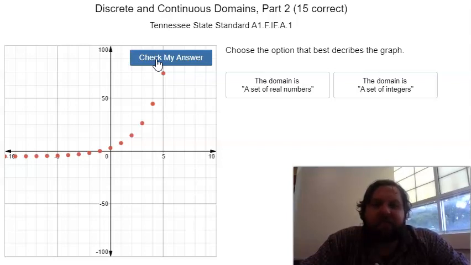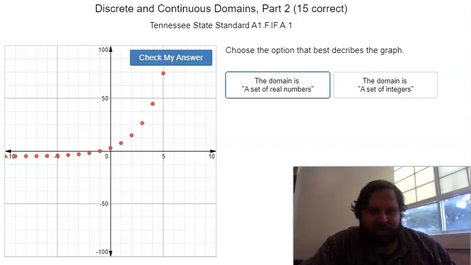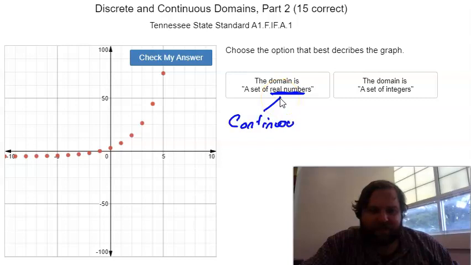But now I'm going to describe discrete in the buttons in a different way. So you'll see here that it says the domain is, on our first option, that is that one right there, a set of all real numbers. When you see real numbers like that, that's your indication that this is talking about a continuous domain.